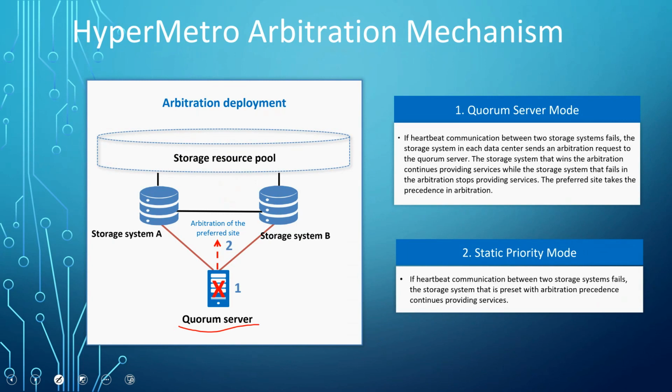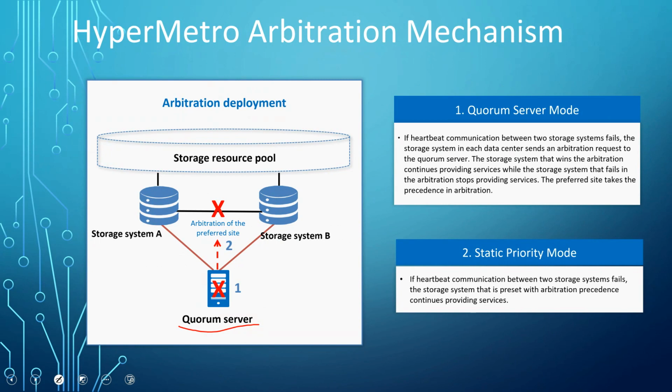We can configure the static priority as well, if the Quorum server is down and the link is down as well. The static priority mode will decide which storage should be online. So these are two methods for arbitration: we can use either the Quorum server or the static priority mode.